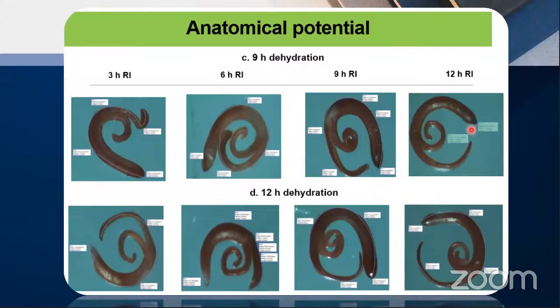This is the radicle portion. The leaves have actually grown inside the seed itself. They are ready to just emerge out of the seed coat after radicle protrusion. So this picture shows that with the 12 hours dehydrated seed, even after 3 hours you can see the leaf.